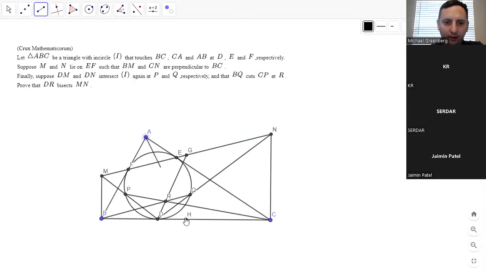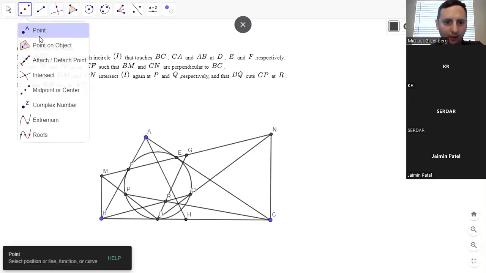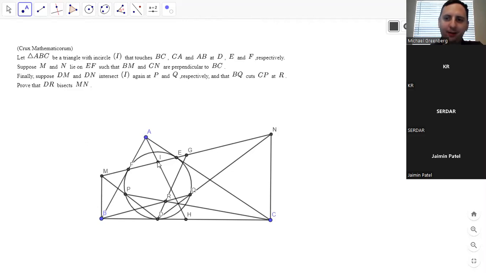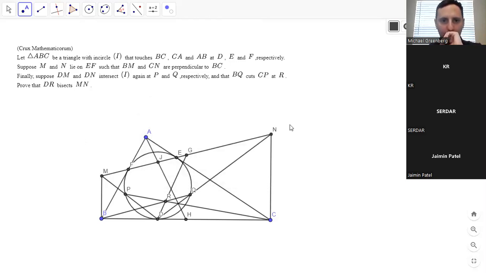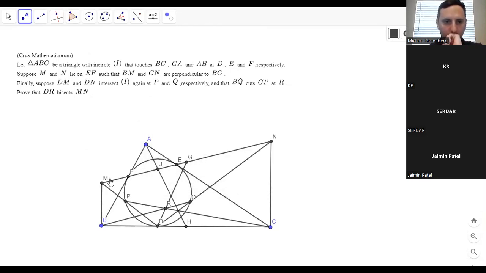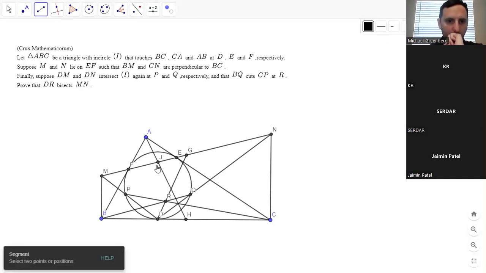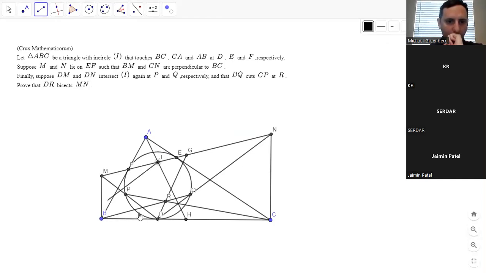Constantinitis or KR has seen this before, it looks like. So if you know the solution, don't give it away. I'll also draw the segment DJ. It looks perpendicular. Yeah, it's well known.